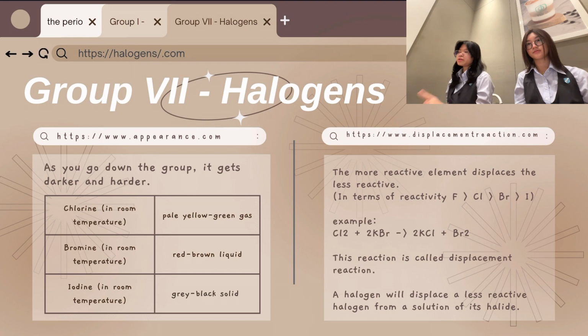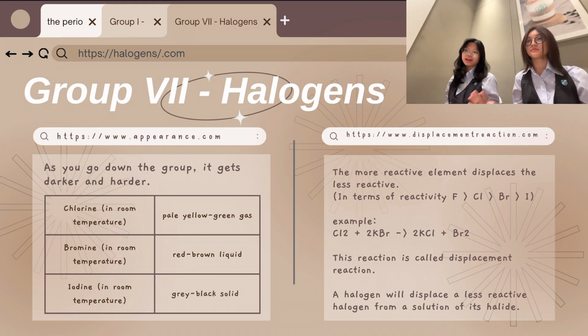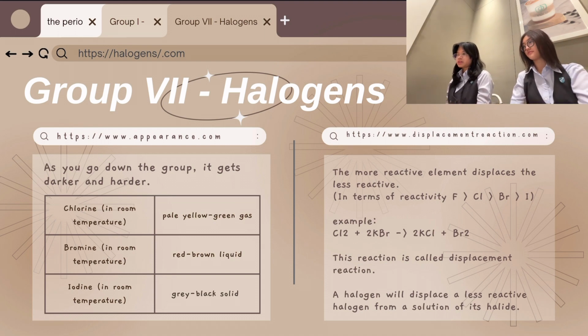For displacement reactions, since reactivity goes down the group, it becomes less reactive, unlike alkali metals. So the more reactive element displaces the less reactive element. In the PPT, you can see there is fluorine, chlorine, bromine, and then iodine.